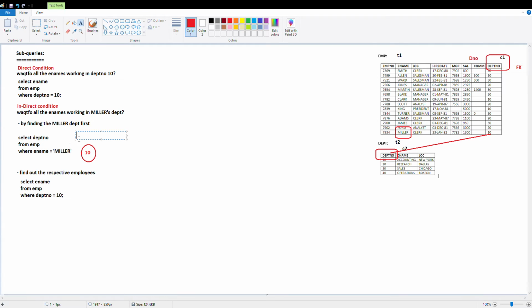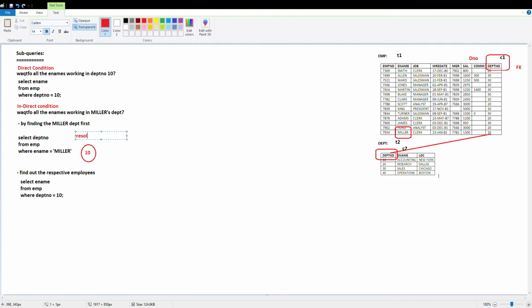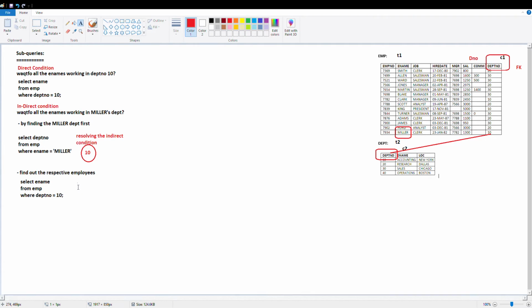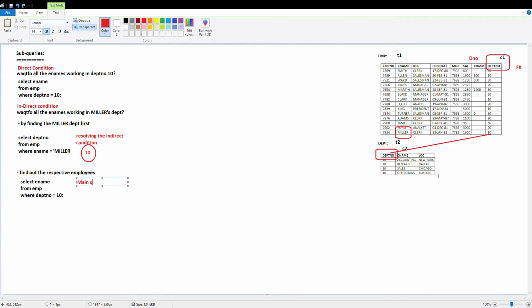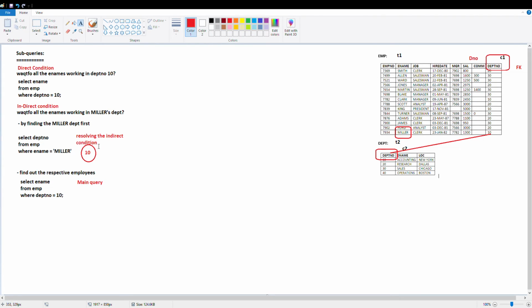So this is where I am resolving the indirect condition, and this is my main query. I write my main query by taking the output of the first query. The output is 10, so this 10 acts as the condition value.